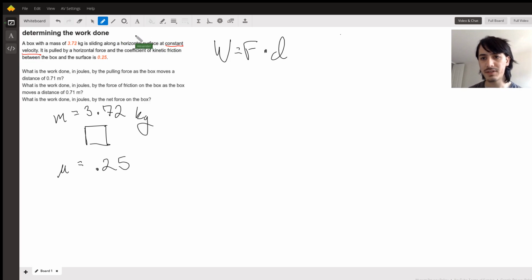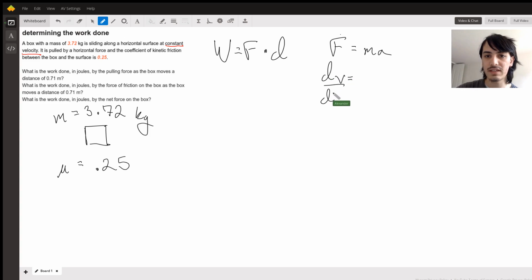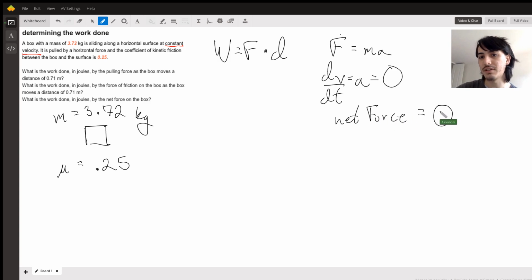And this clues us in that since F equals ma and v does not change, dv/dt is equal to a is equal to 0, the net force is also 0. And so right off the bat, we know that the answer to this last question is going to be 0 joules.